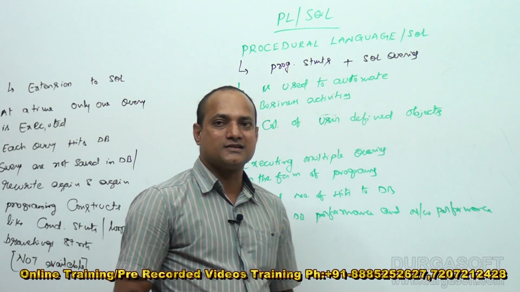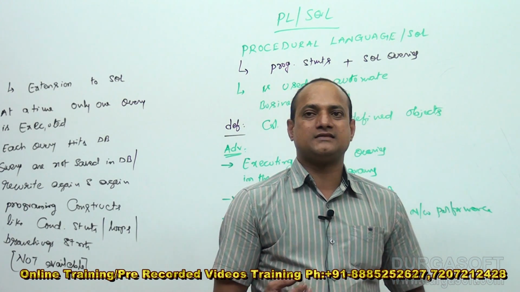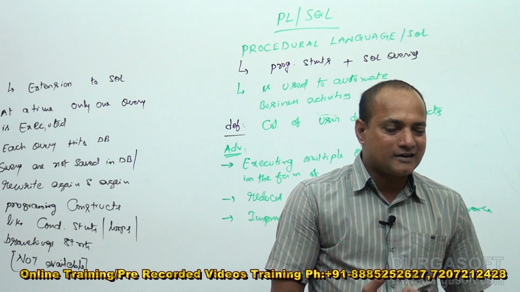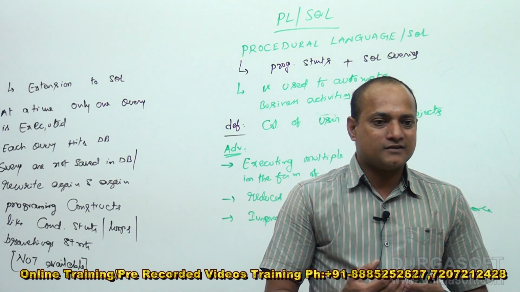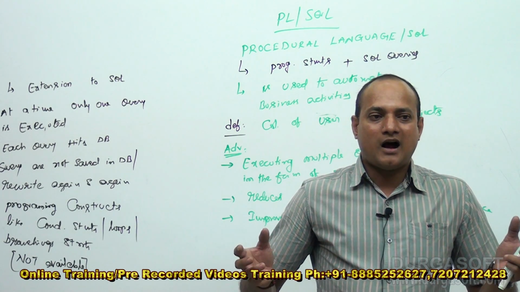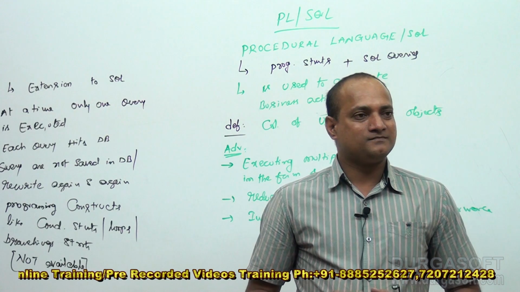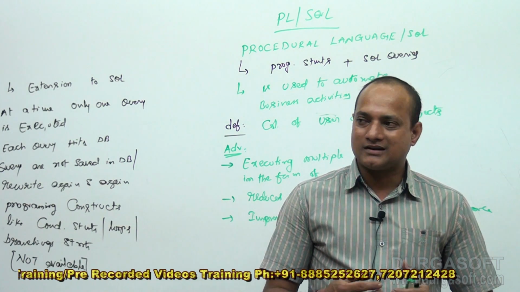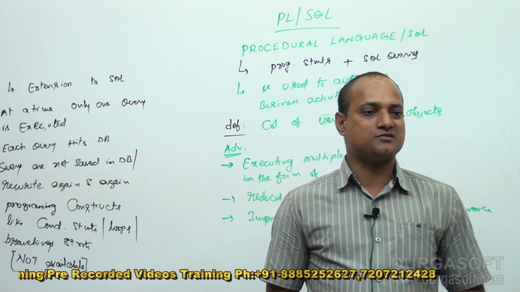Network performance is improved if there is less usage of network lines. Less usage of network lines means each query uses one network line. If you are executing 100 queries, then 100 lines are used, or the same line is used 100 times.